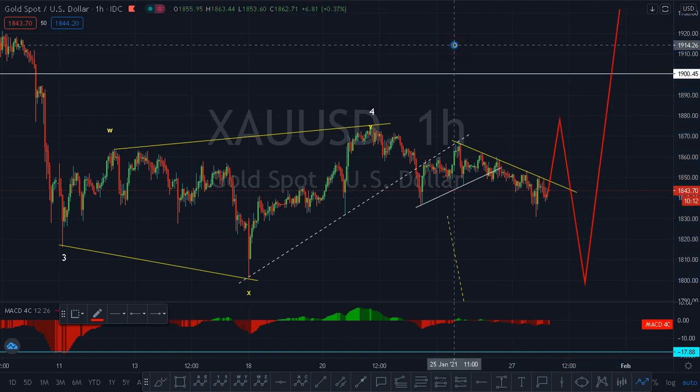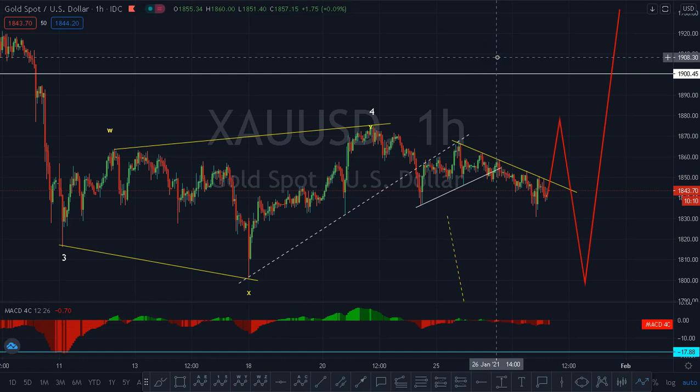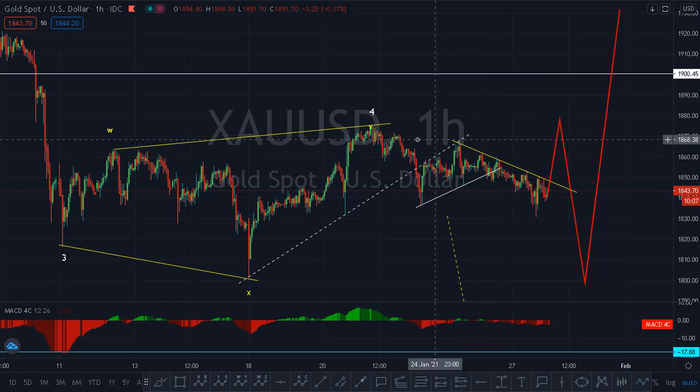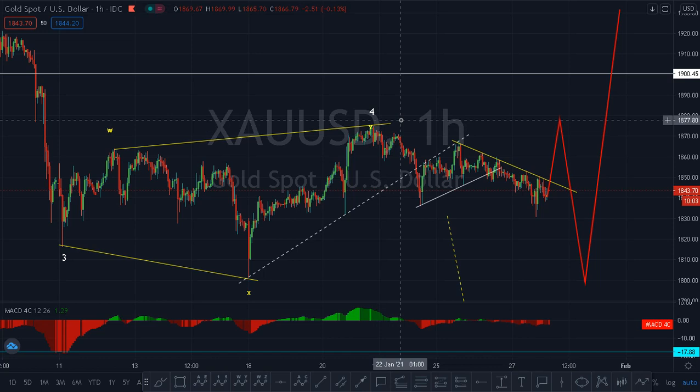But what you will beware of: if gold breaks this high and closes, maybe, okay, let me show you something.